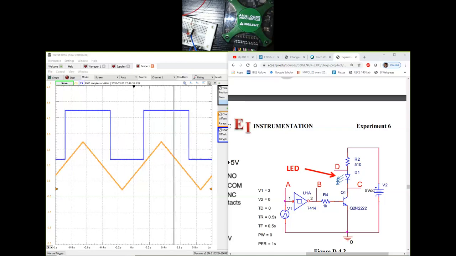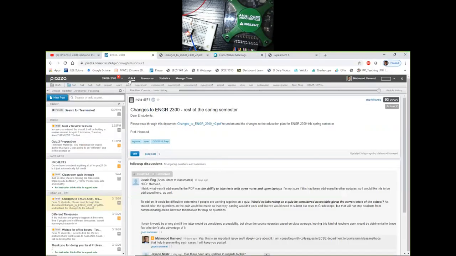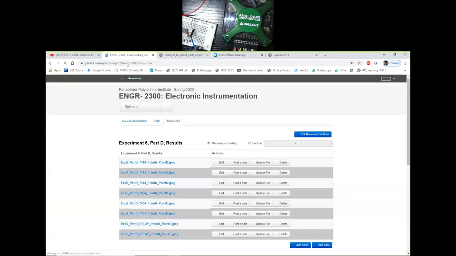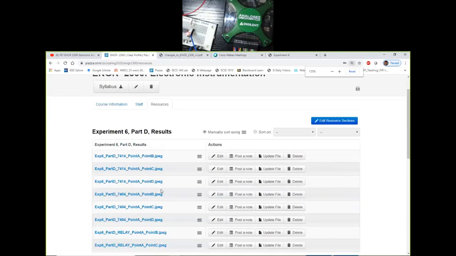Will the data for this part be posted on Piazza? It's already on Piazza. If you look at the resources page, there are 3 times 3, 9 plots that have already been uploaded.